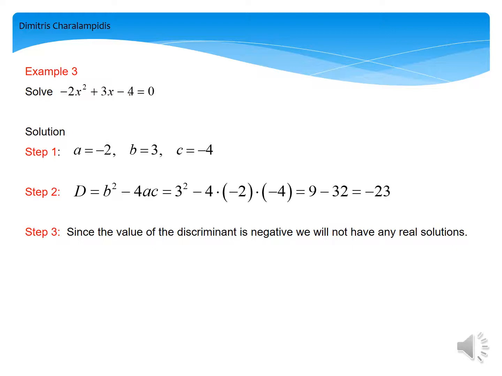By plugging in the values of a, b, and c respectively in the formula b squared minus 4ac, and after some operations, we end up with the value of negative 23. So, here, since the value of the discriminant is negative, we will not have any real solutions. So, this example ends here.